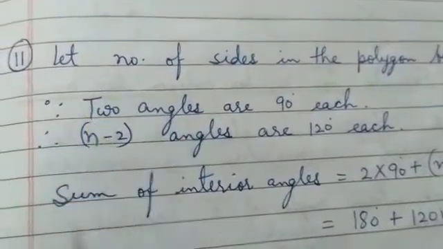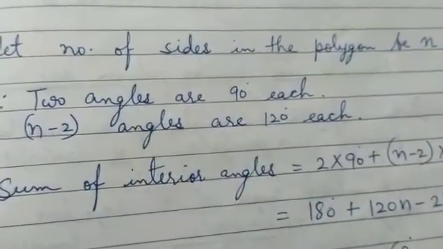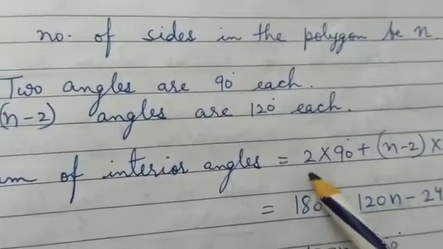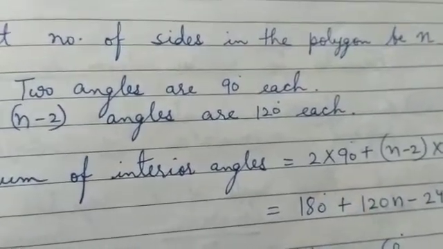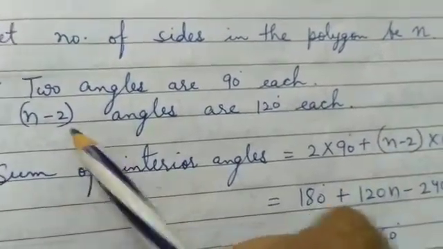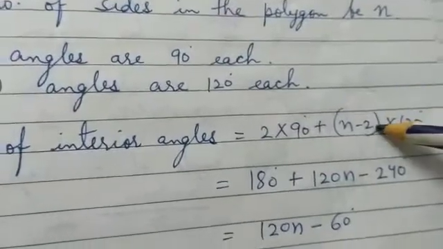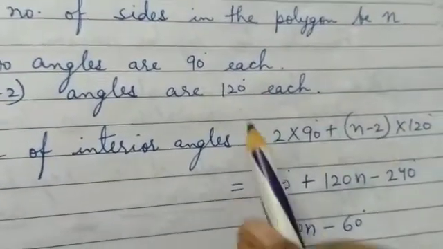So with these two statements we can find the sum of interior angles. Since two angles are 90 degree each, their sum is 2 into 90. And since n minus 2 angles are 120 degree each, their sum is n minus 2 into 120.